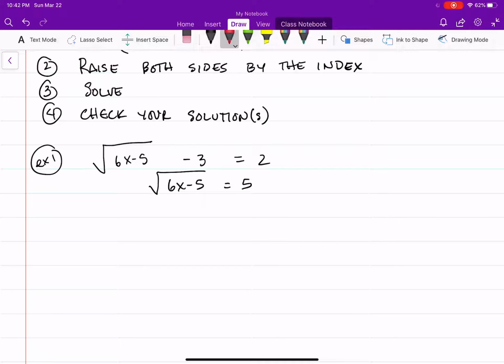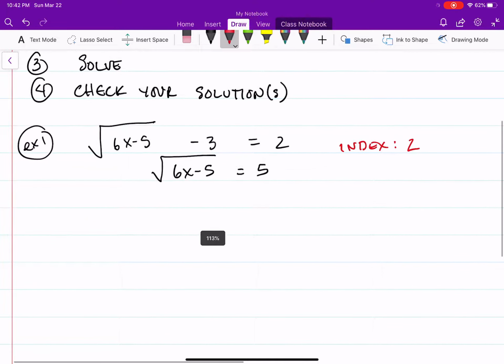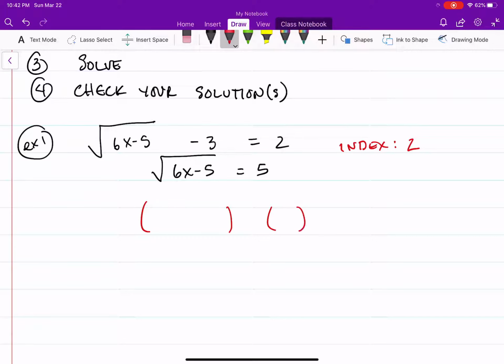Before I go on, remember that when I look here, I see that the index is a 2. Because it's a square root, there's no other number in the wedge, so the index is 2. So what I need to do is raise this side and this side to the second power.